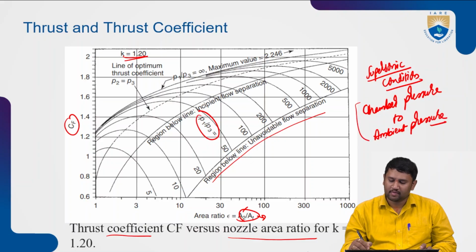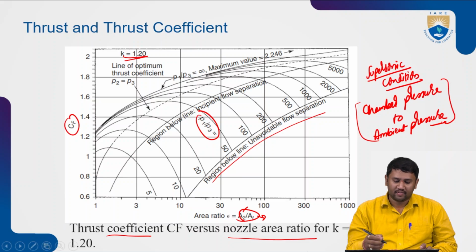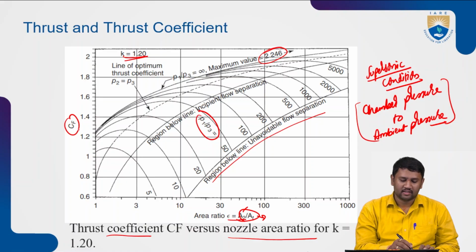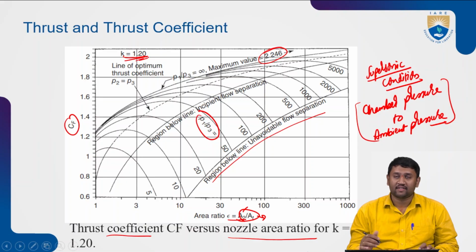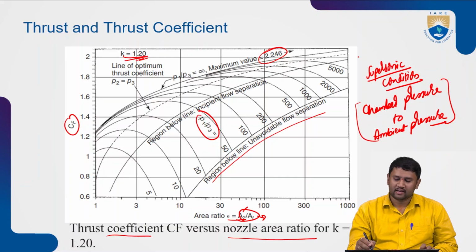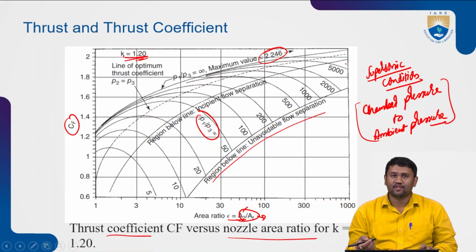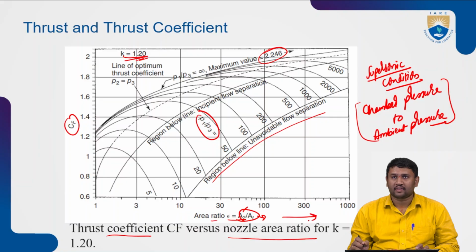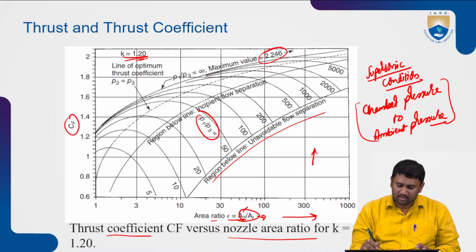The ratio of chamber pressure to ambient pressure with the maximum value of 2.26 for a certain K value that we are limiting to, which shows the different regions within which the flow separation occurs, right?